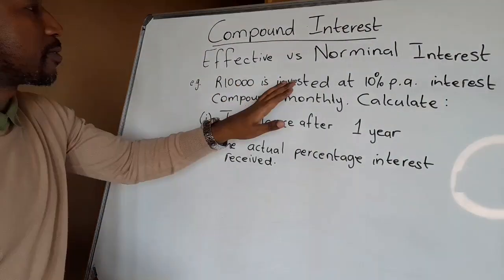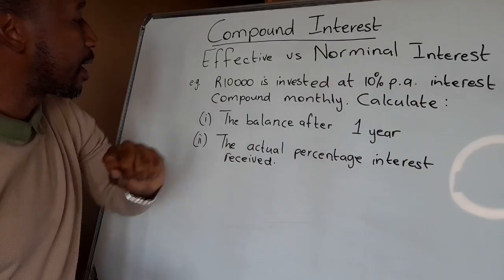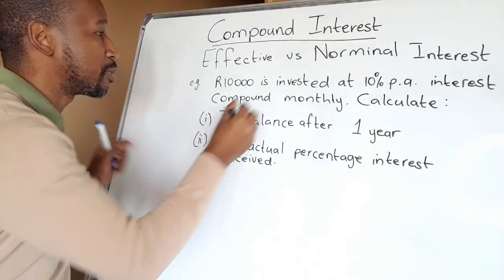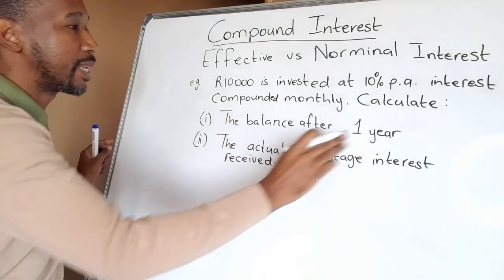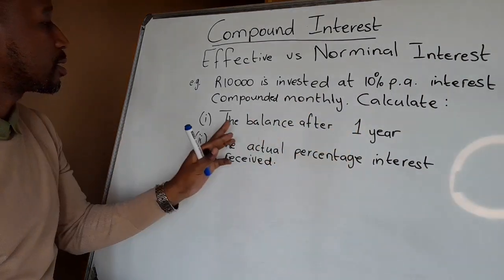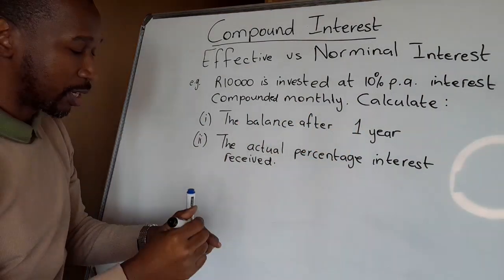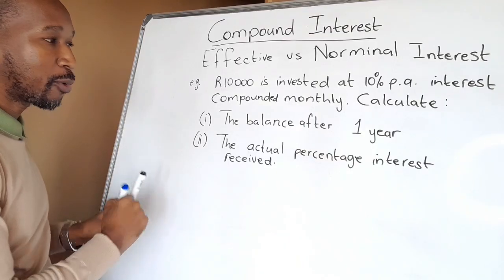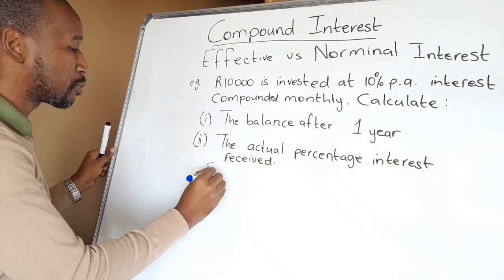10,000 Rand is invested at 10% per annum interest, which is compounded monthly. Now, calculate the balance after 1 year. We need to do it for 1 year so that we can have a clear picture of it. So the balance after 1 year would be the solution.